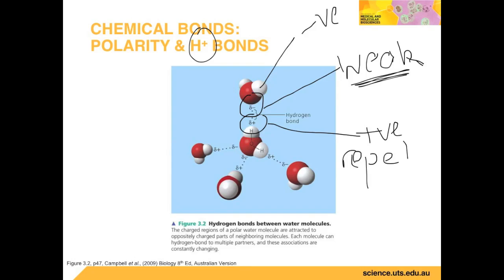Now, the surface of the Earth is about 70% water, and therefore we need to understand the chemistry of water in order to understand life. We have to understand how water interacts with itself and with other molecules, compounds, ions, elements.